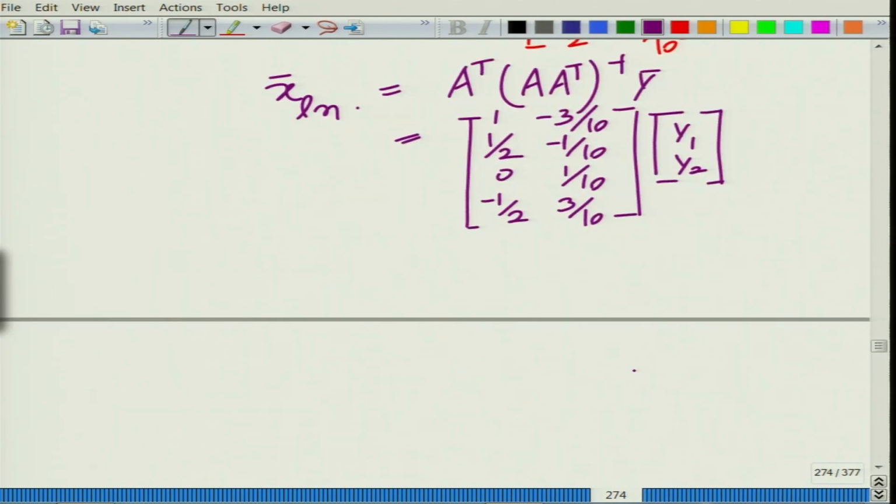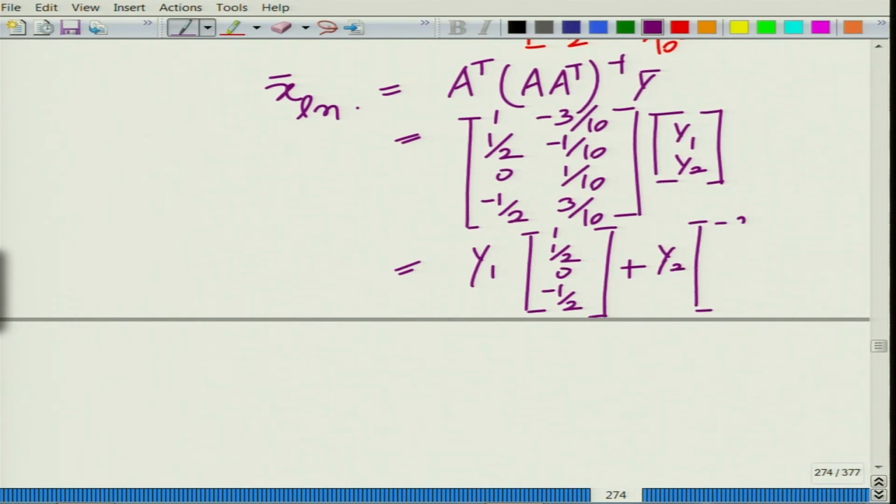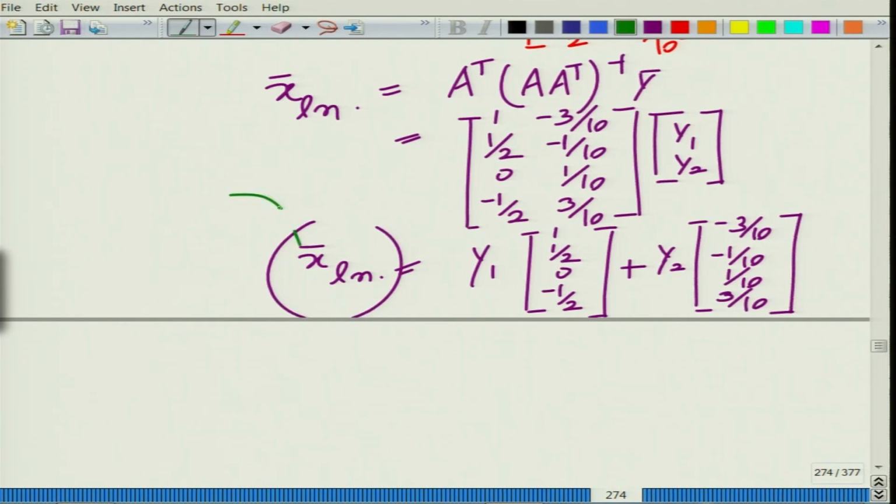So, this will be equal to y1 times the first column of this matrix, 1 half, 0, minus half, plus y2 times minus 3 by 10, minus 1 by 10, 1 by 10, 3 by 10, and this is your least norm solution to the given system of equations. All right.